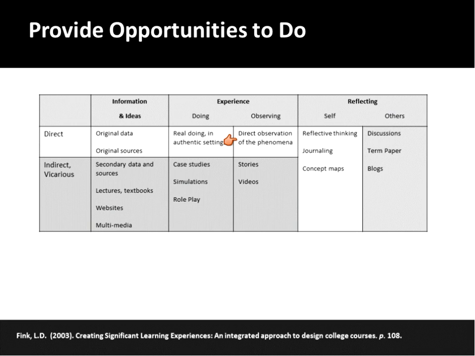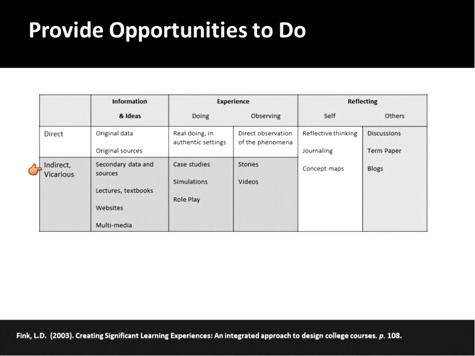What always pops into my head with this is that this could be going to a play, experiencing an orchestra, or even watching you do a demonstration of a chemical reaction. They're not doing the chemical reaction, but at least at this point they are observing that phenomenon, and it just makes the connections a little bit closer to them.